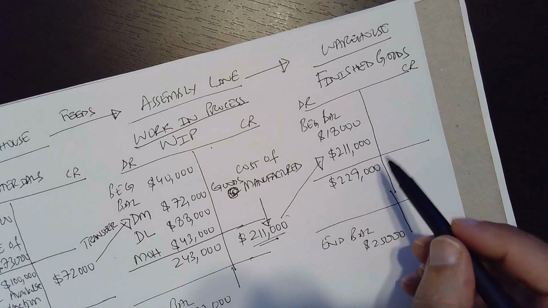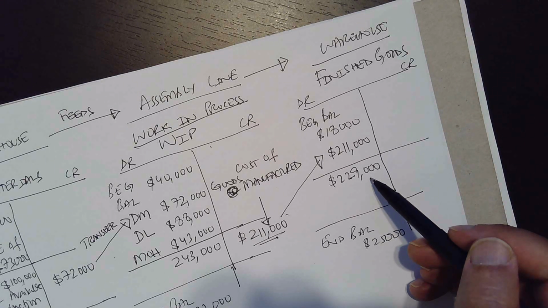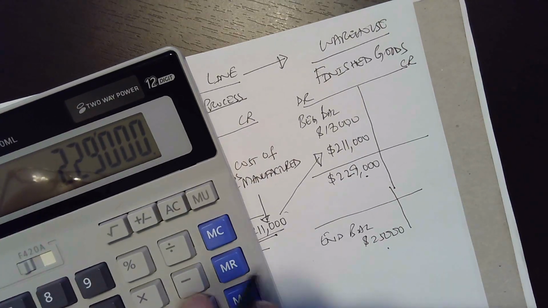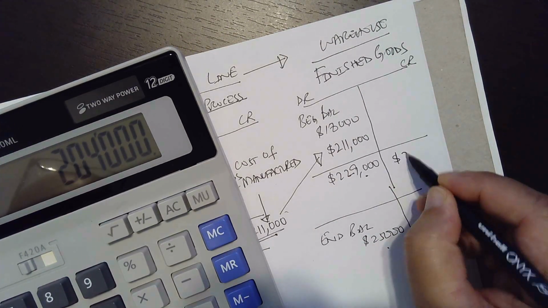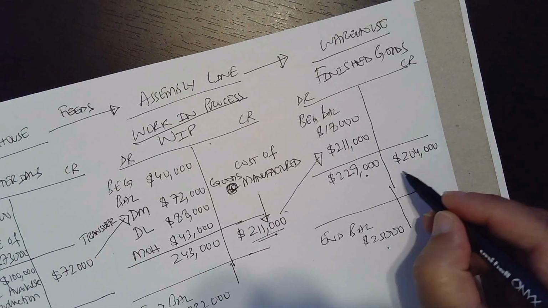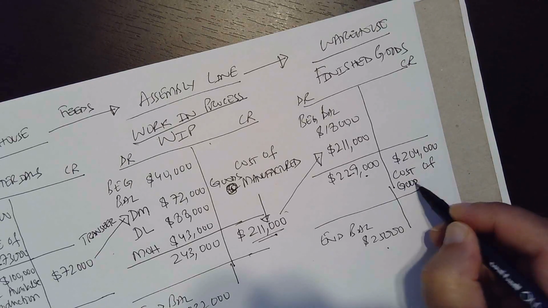So during this period, you have finished goods of 229,000, but you did not sell all of them. You still have $25,000 left. So if you subtract 25,000 from 229, you have $204,000 of stuff that you have sold. So this will be called cost of goods sold.